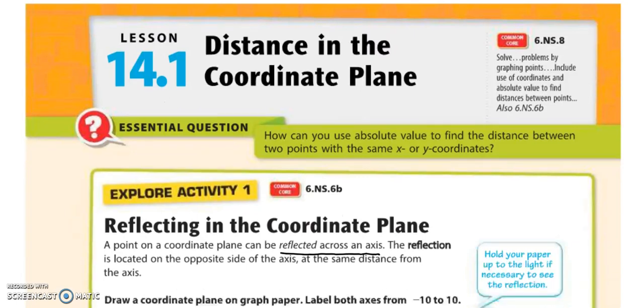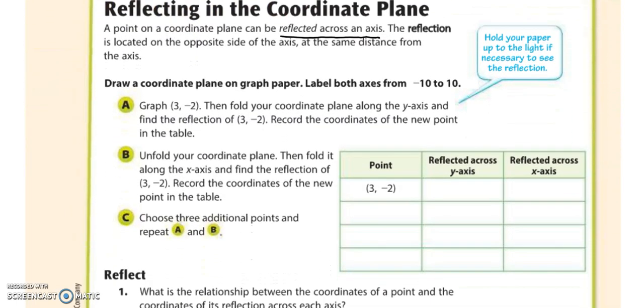Going back, let's do a practice. Without actually plotting the points, what would I need to do? If I have a point at 3, negative 2, and it's reflected across the y-axis, remember, the y-coordinate would be the same, negative 2.